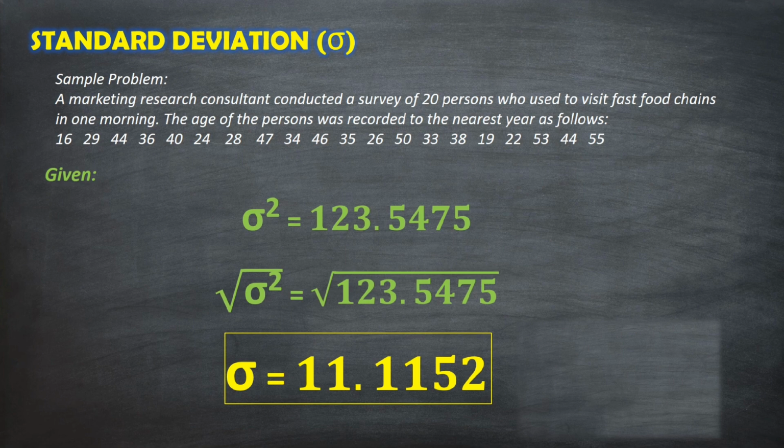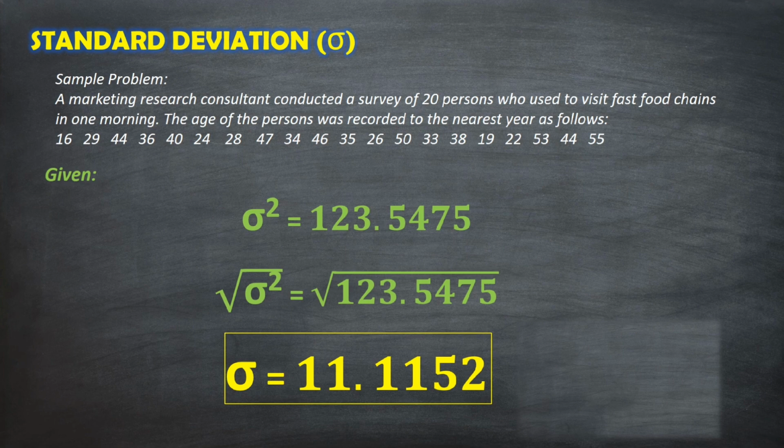From our sample problem, we already solved the variance, which is equal to 123.5475. To get the standard deviation, all we have to do is extract the square root of both sides, from the symbol of the variance to the value of the variance, 123.5475. Using a calculator, the square root of 123.5475 is equal to 11.1152.